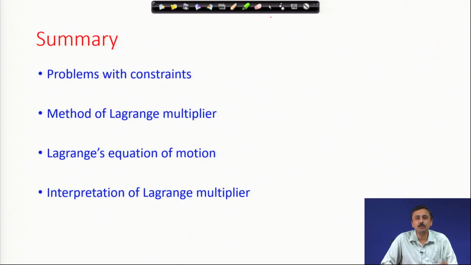To summarize, we have looked at systems with constraints. We introduced the method of Lagrange multipliers to determine the equations of motion. We have interpreted the Lagrange multipliers and seen how they can be used to determine the constraint forces. Once again, to recapitulate, what do we do to selectively find out a certain internal force or constraint force? We break the constraint, we introduce additional coordinates which imply breaking of the certain constraint whose force I want to find out.